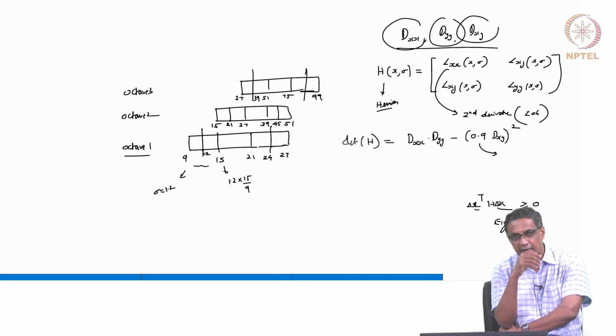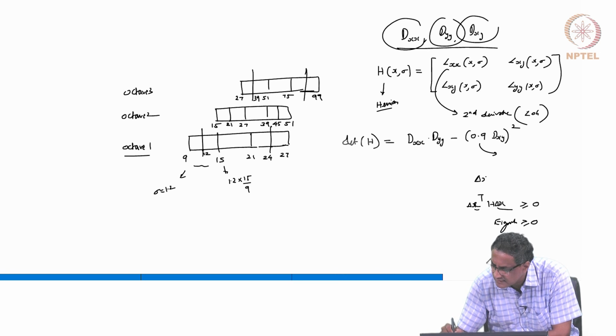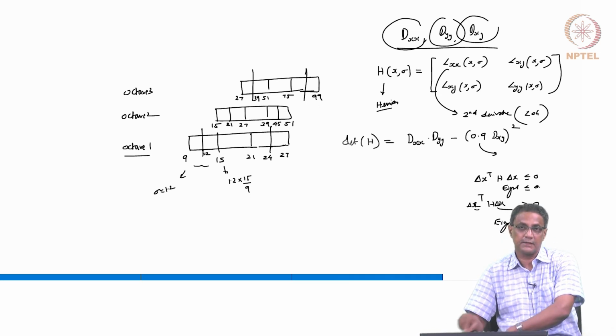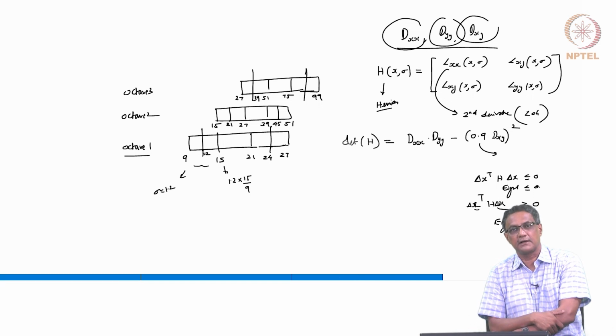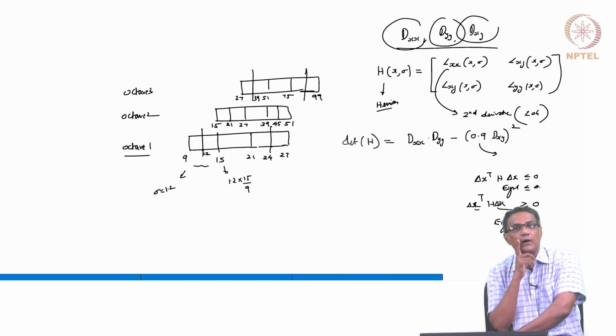Whereas, if on the other hand, you find out that at some point where you are sitting, delta x transpose H delta x turns out to be less than, or less than or equal to 0, then we know that your eigenvalues are all less than or equal to 0. But if you take the product, the product will still be a positive number.